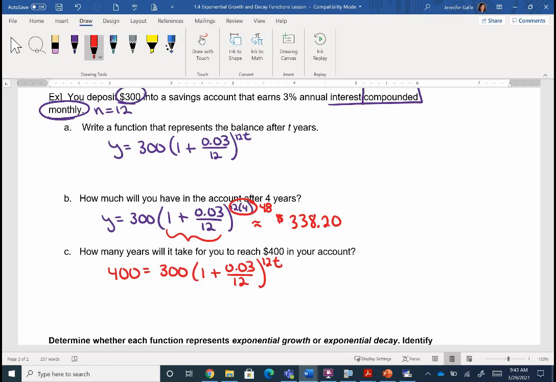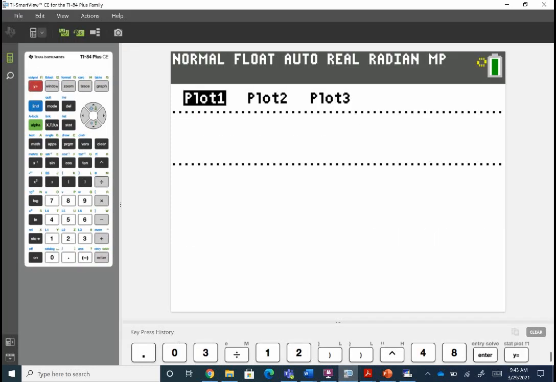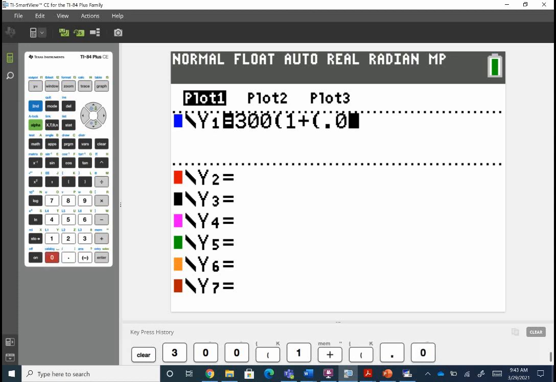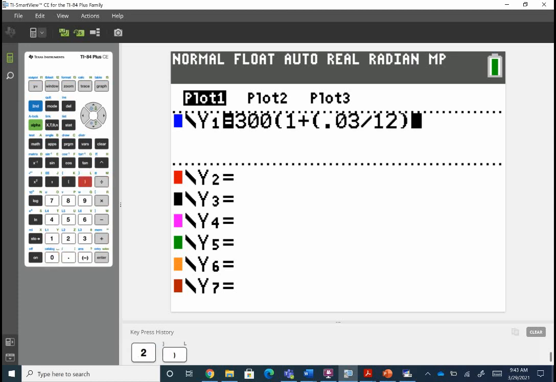All right, so let's go to the calculator. Go to our y equals, clear it out. $300 to start. 1 plus. I need parentheses around my fraction. Close the parenthesis around my fraction. Close the parenthesis around the 1 plus my fraction.